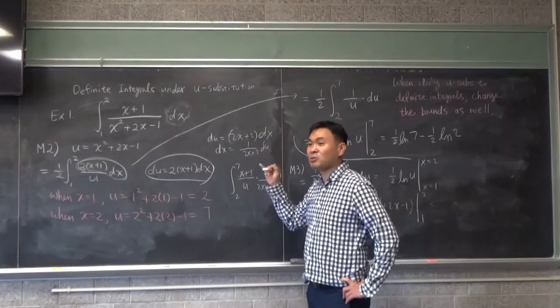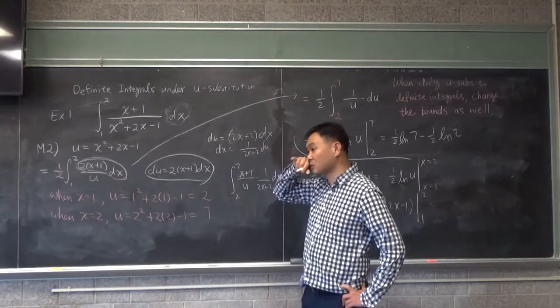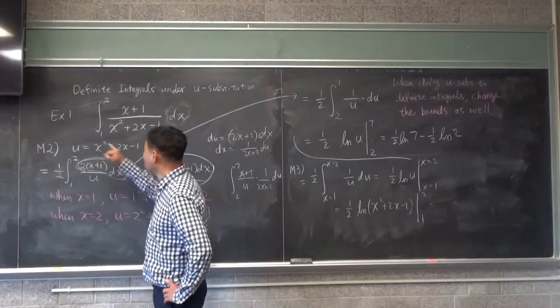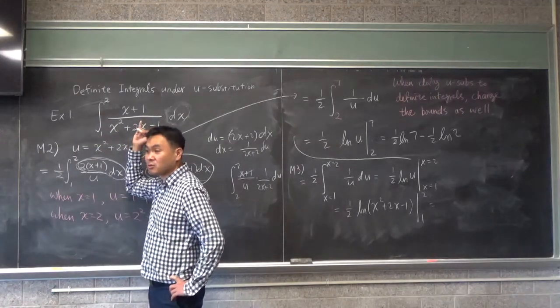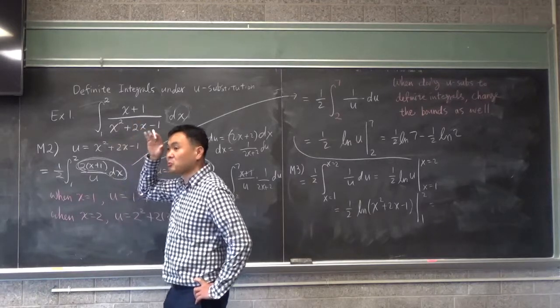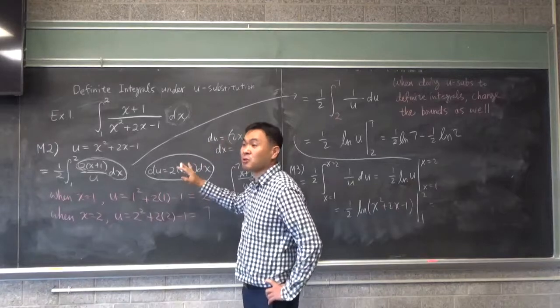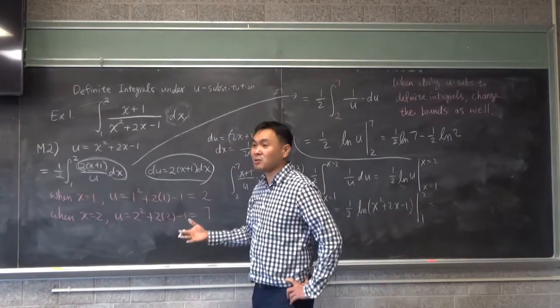And when you do change of variables in double integrals and afterwards, it often becomes very crucial that you change the bounds along with the change of variables. And so I'm trying to make you do the correct method here so that it's going to help you out in multivariable calculus.